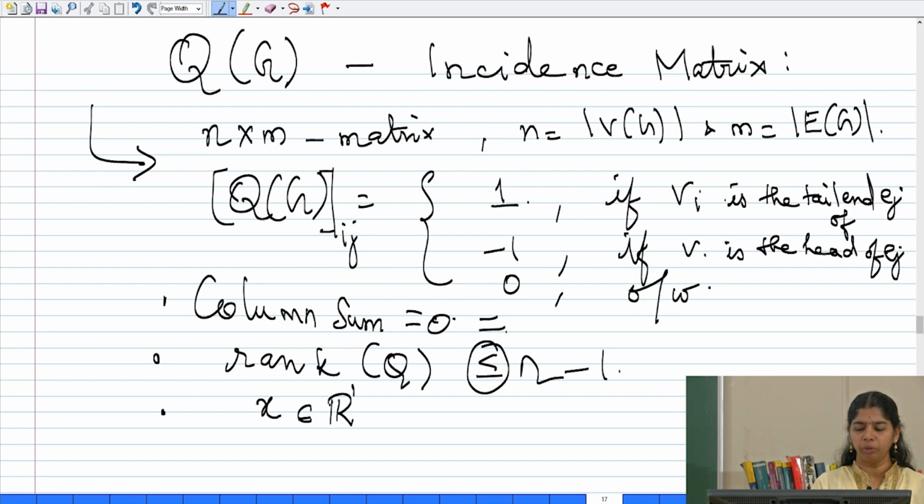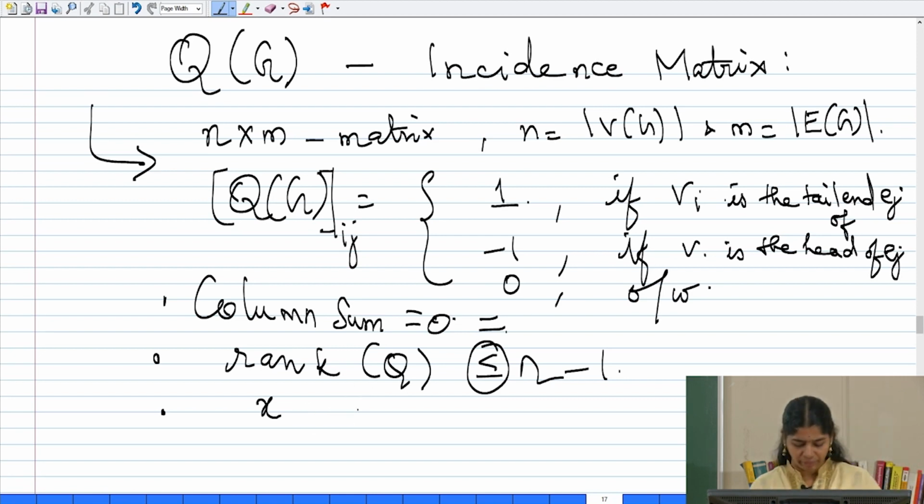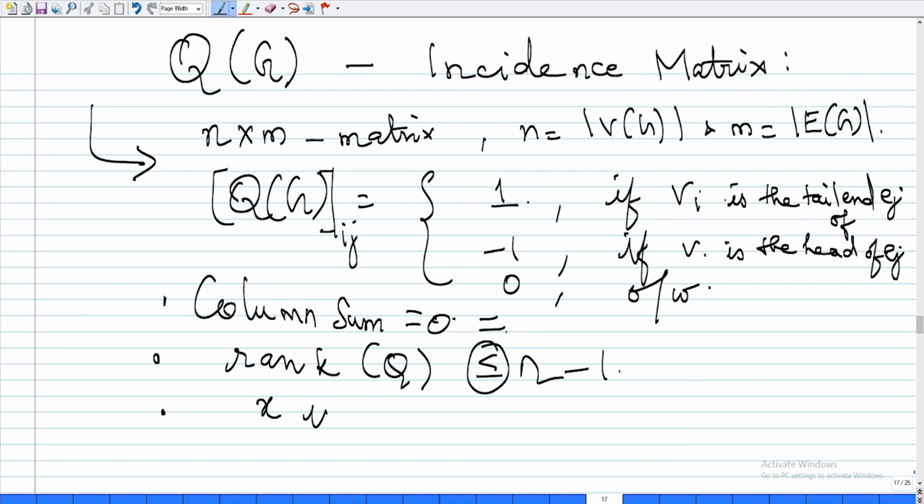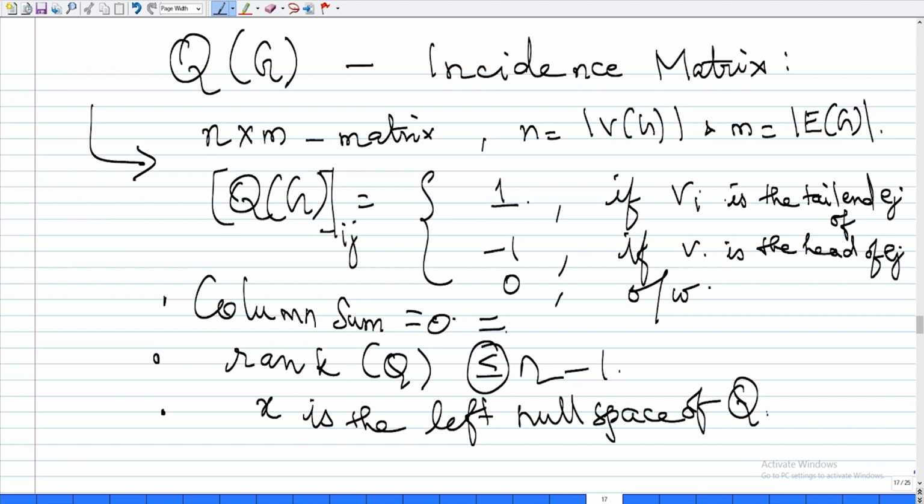Take any vector and suppose this vector is in the null space. When I say x belongs to the null space, what do I mean? Qx is equal to 0.